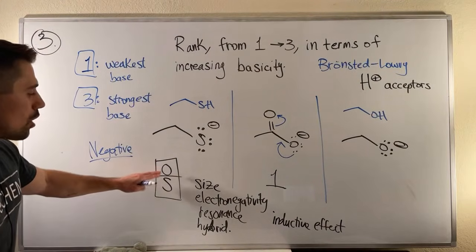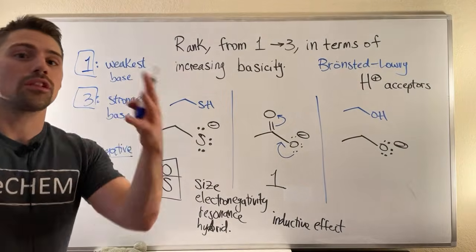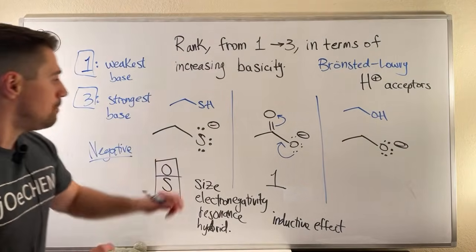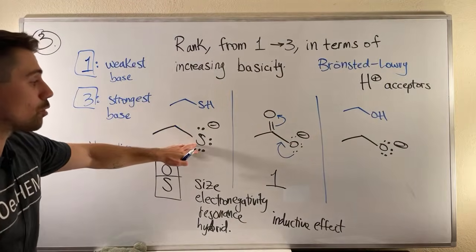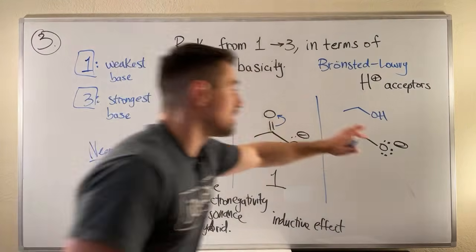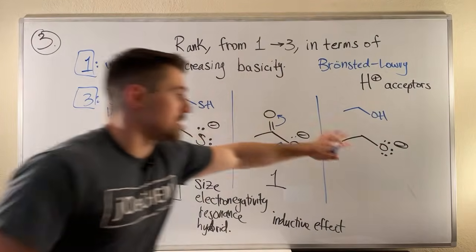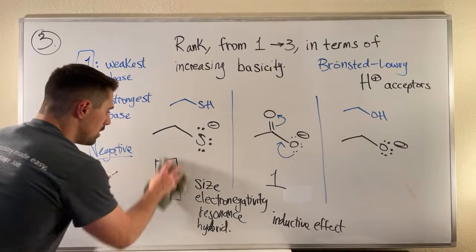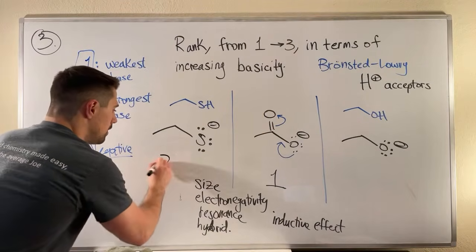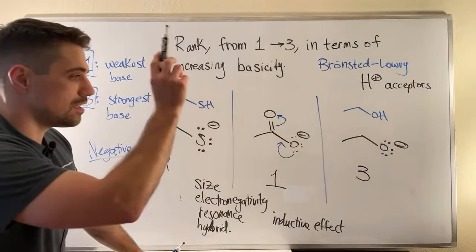And remember, charges are more stable the larger an atom is. Sulfur is bigger than oxygen. This negative charge is happier, more stable here than it is here. So as a result, this base is stronger than this one. So we'll give this base a ranking of number 2. And then this is our strongest base right there.